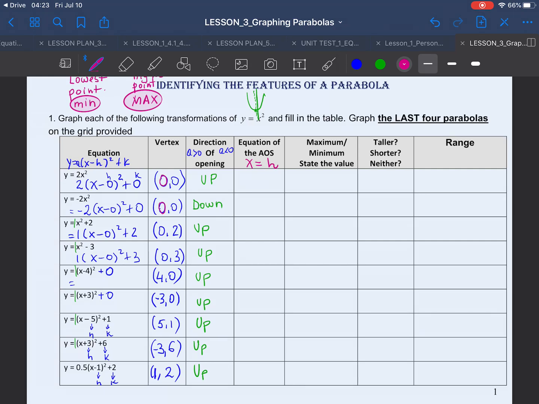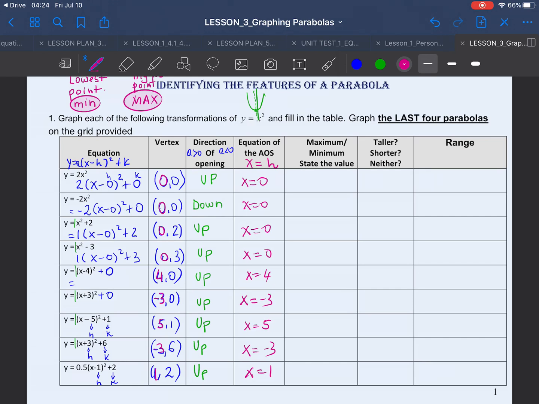So we're going to look at all the h values in here and make them equal to x, and we're done. So x equals 0, x equals 0, x equals 0, x equals 0. This one is x equals 4, x equals negative 3, x equals positive 5, x equals negative 3, x equals 1. Done with the axis of symmetry.